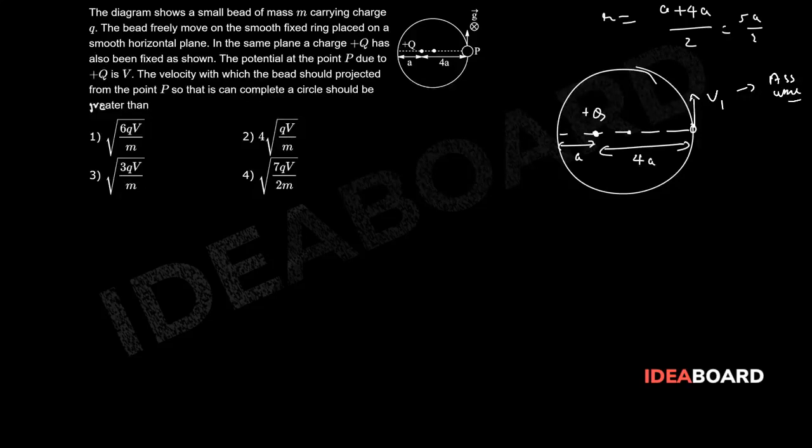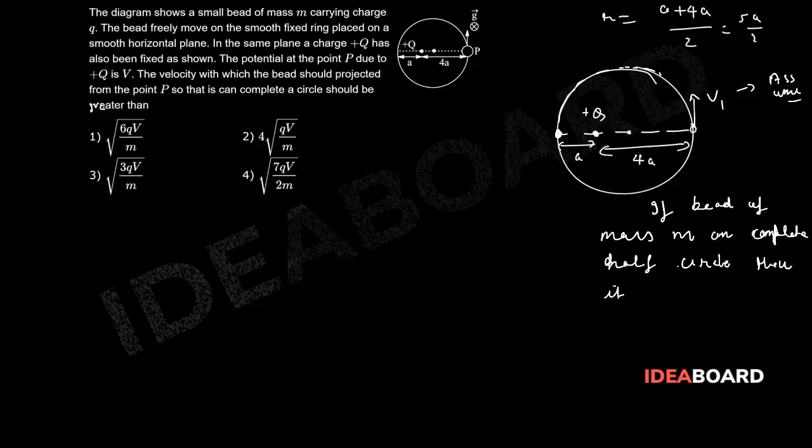Now the logic says, if this bead of mass m can complete the half circle up to this point, then it can easily complete the full circle, right?